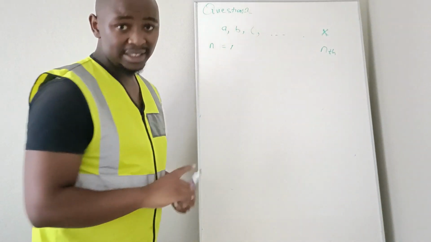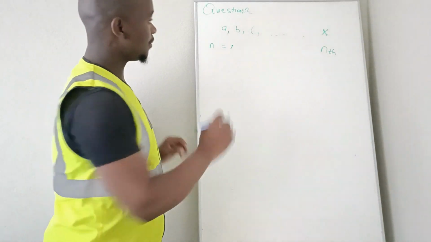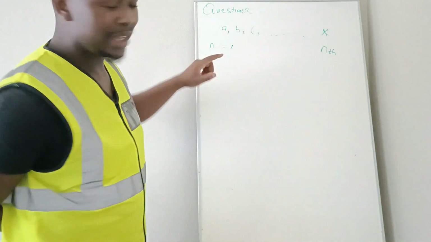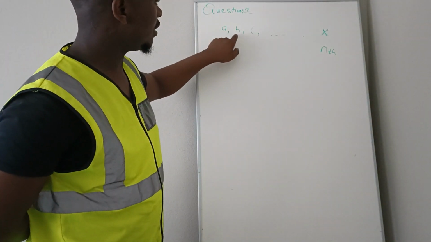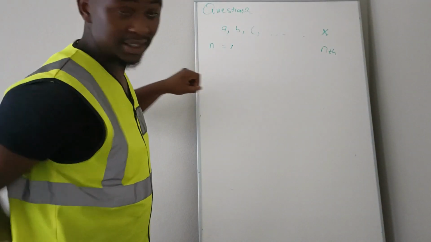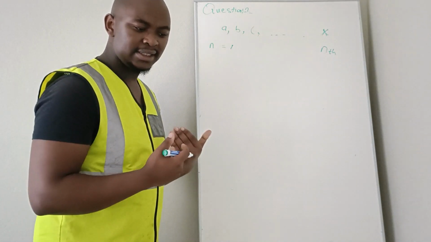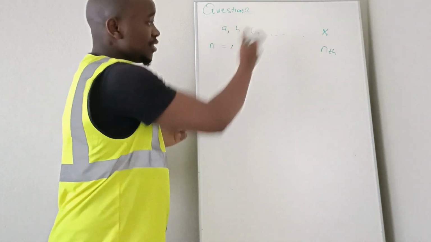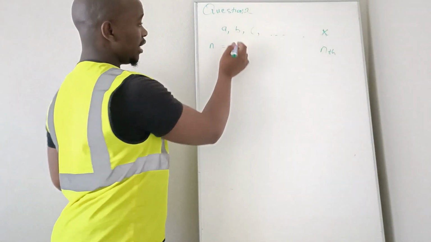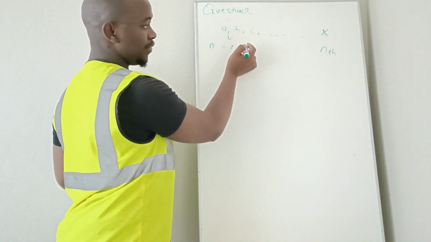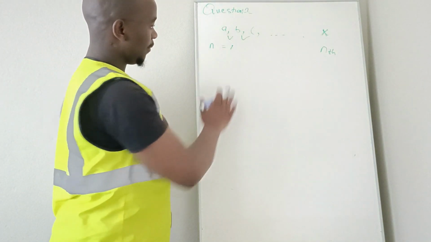But now for geometric series, we cannot find a difference between the first and the second term. So we cannot describe the series or the sequence by just looking at what is the difference here, and what is the difference there.